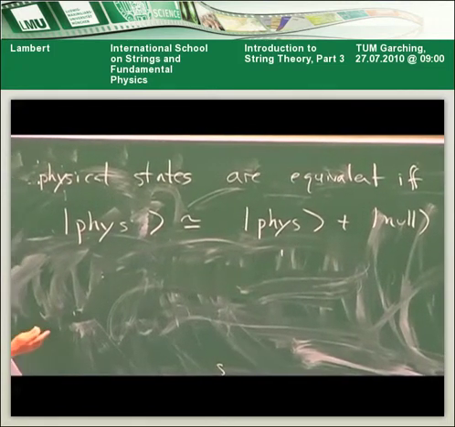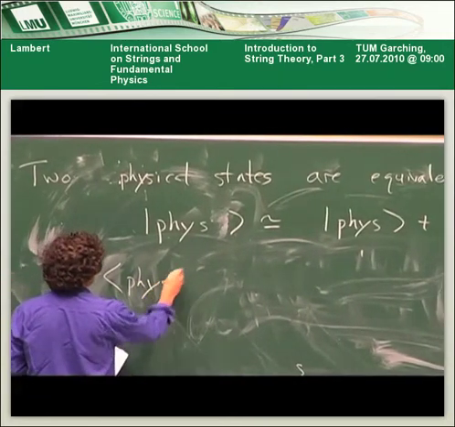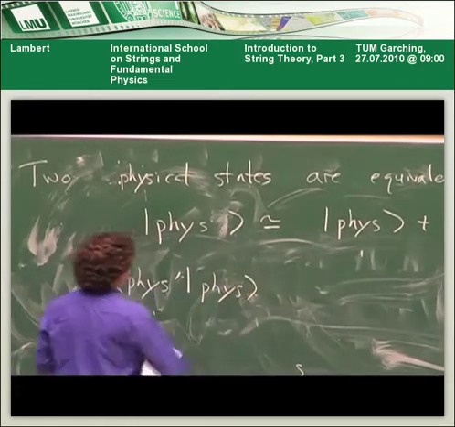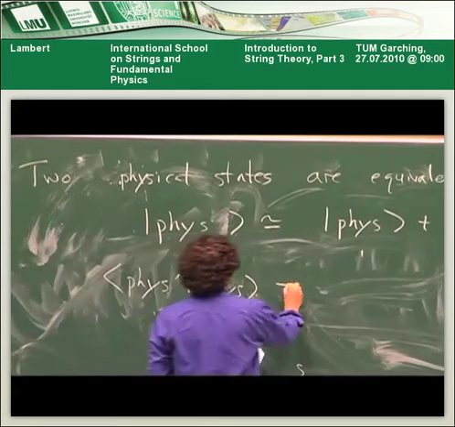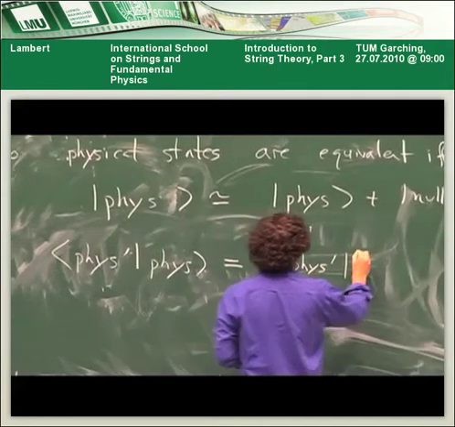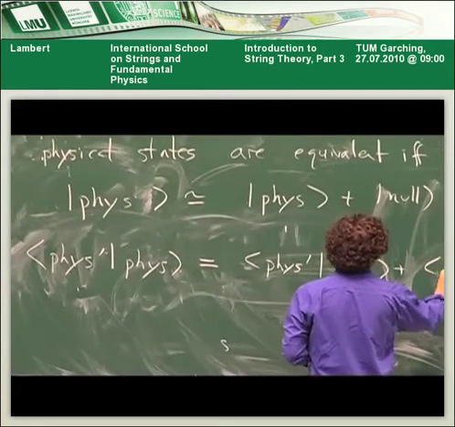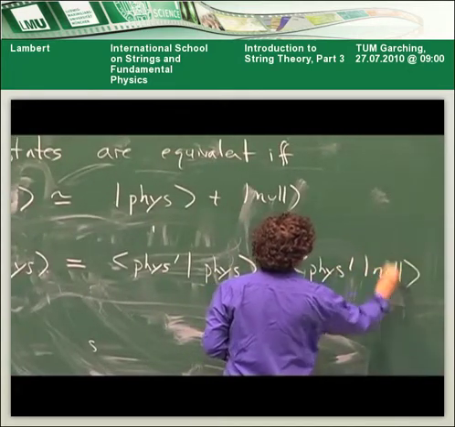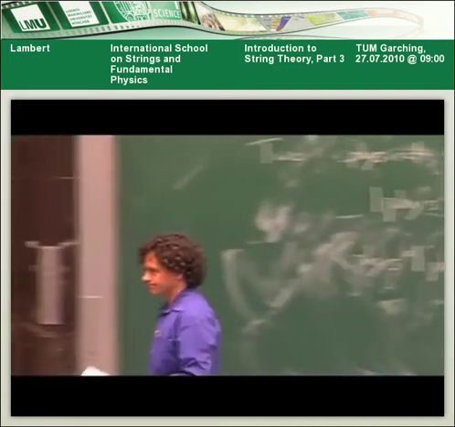The reason why you can do this is because this will never change expectation values, because if I take some other physical state and I take its inner product with this physical state and I do this shift, well, that's but this is 0, so it doesn't change any expectation values.